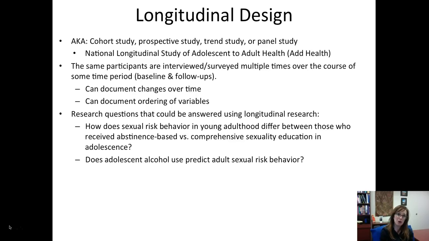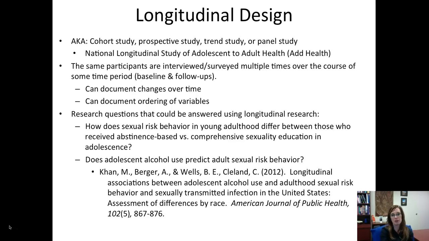Does adolescent alcohol use predict adult sexual risk behavior? I've actually done some research with a colleague on this using AdHealth data that my colleague analyzed. So if you're, again, dying to know the answer to that.